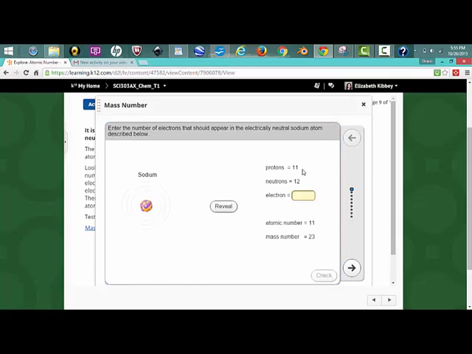Okay, so looking at this, we have 11 protons, 12 neutrons. How many electrons do we have? Well, just remember that in an electrically neutral sodium atom, electrons always equal the number of protons.